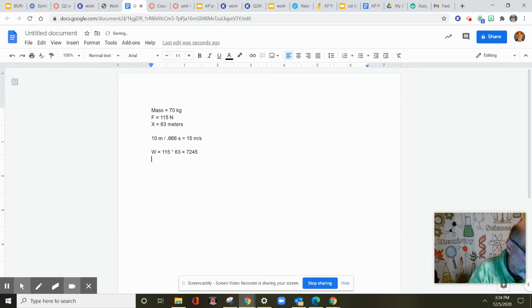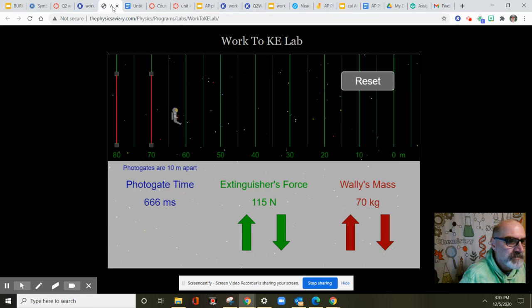And the kinetic energy is equal to 1/2 times the mass, which is 70, times the speed squared, which is 15 squared, equals 0.5 times 70 times 15 squared, which is 7,875. So you can see the numbers are not exactly the same. There's probably some error. So that's what I want you to do in the lab, I think, right?